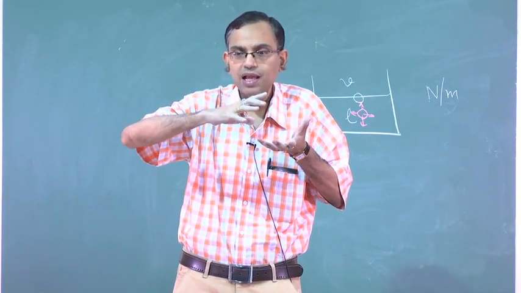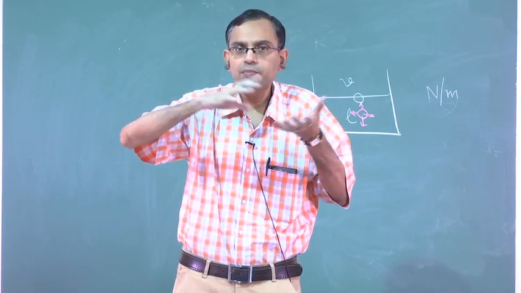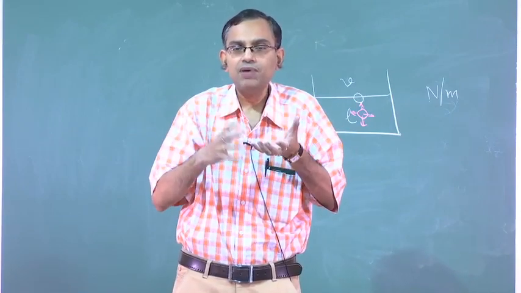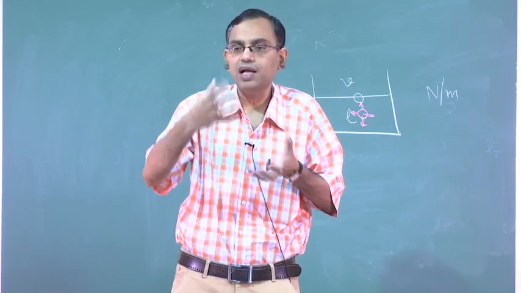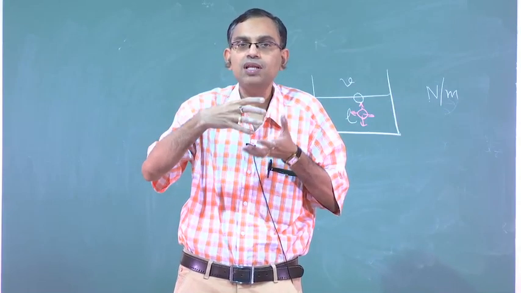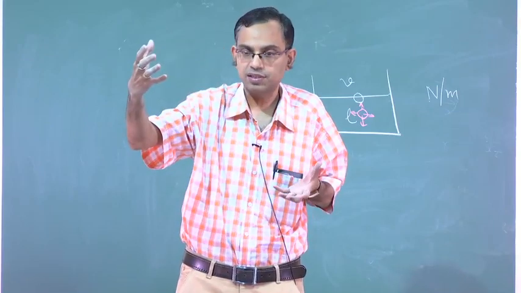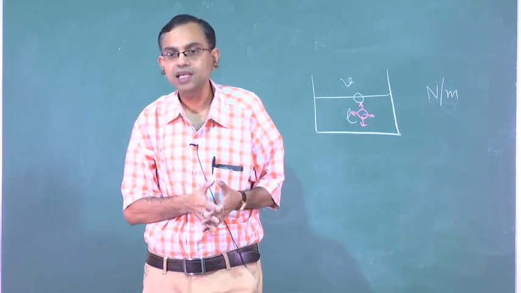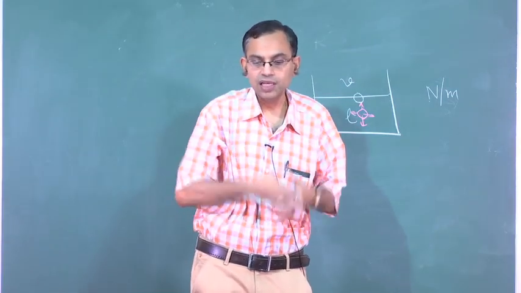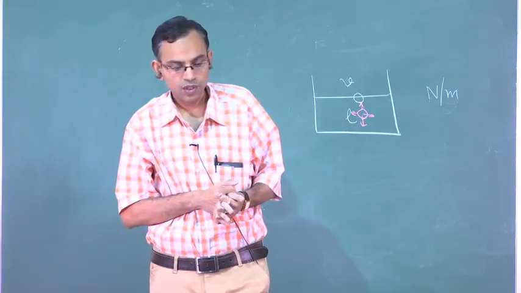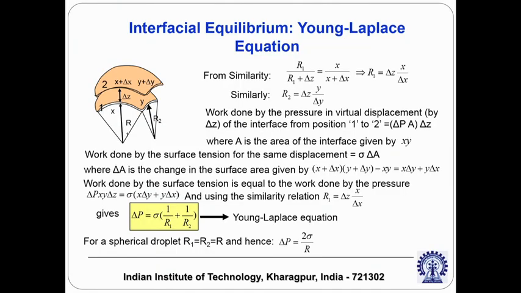Now you can see that we have a membrane, and this membrane is stretched because of the pressure difference. By virtue of the pressure difference there is a work done, and this work actually supplies the necessary surface energy for allowing it to stretch. That is the basic physics that is taking place. So, there is a work energy interaction. What is the work energy interaction? Look into this equation.